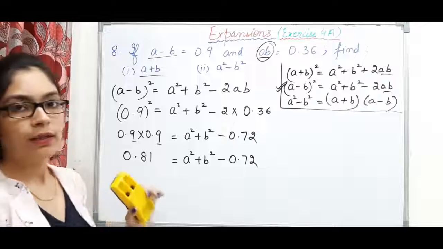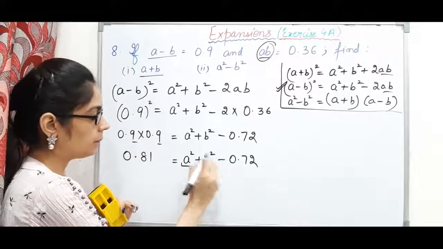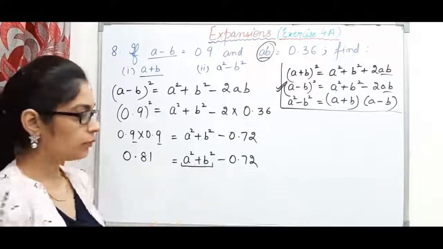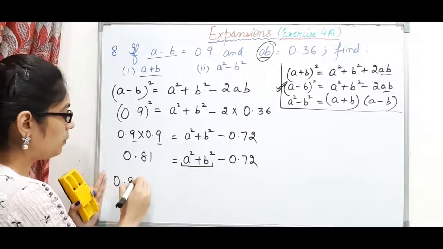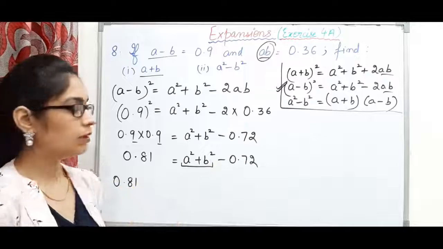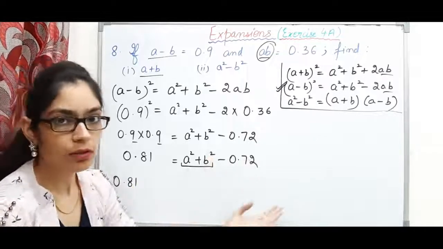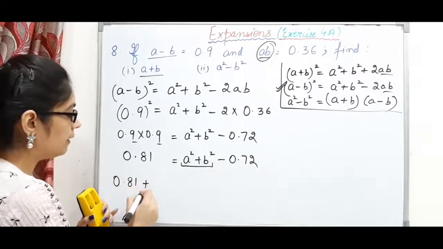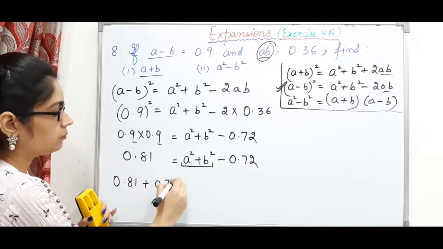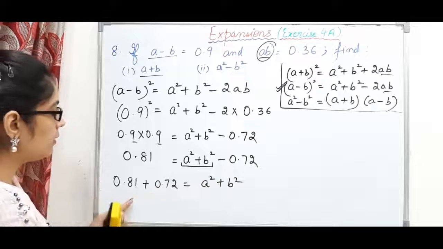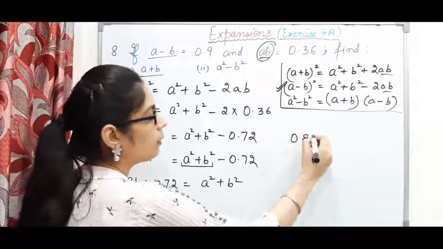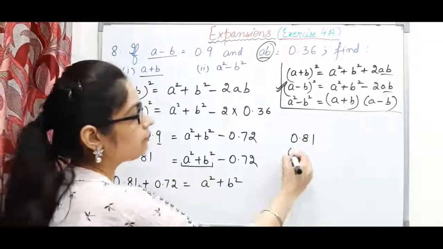Like in the previous questions also, we need a square plus b square. So this 0.72 will shift to this side. So 0.81 minus 0.72, the term which is getting subtracted, on changing the side it will get added, is equal to a square plus b square. So we can add 0.81 plus 0.72.